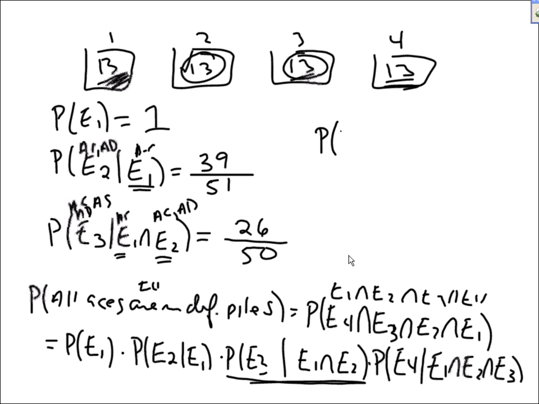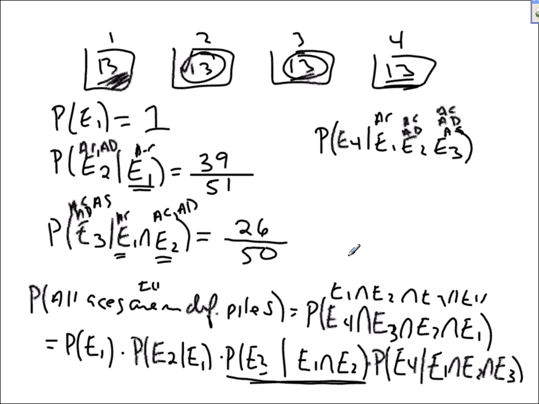The probability of E4 given E1, E2, E3. Well, E1 is the ace of clubs, E2 is the ace of clubs and ace of diamonds, and E3 adds the ace of spades.